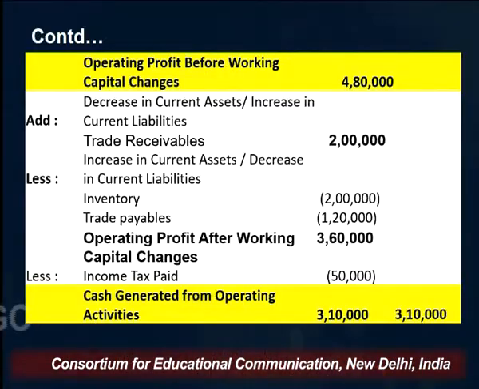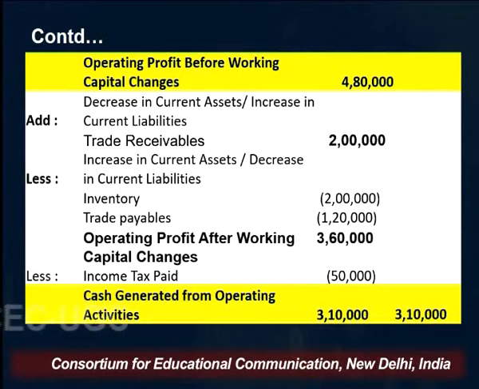Now this heading itself is indicating that we have to move ahead with the treatment of working capital changes. So after this, what we'll do? We'll take up the operating profit before working capital changes, and now we have to adjust it with the movement of working capital, that is current asset and current liability. For your convenience, initially you can write as heading that I'll be adding any decrease in current asset and I'll be subtracting any increase in current asset.